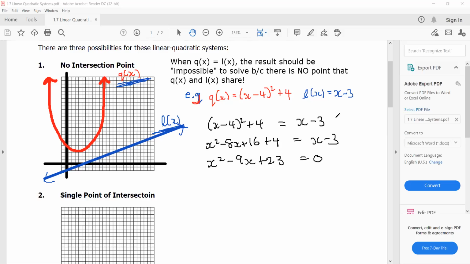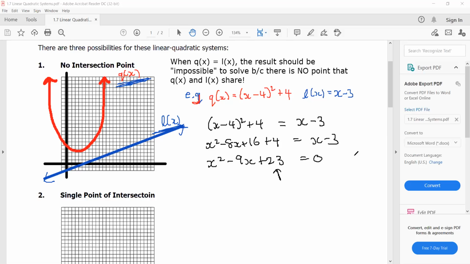Great. So at this point, I have a trinomial that equals 0. If we want to know what values of x make this equation true, there's a couple ways we can do it. We can factor, or we can do quadratic formula.